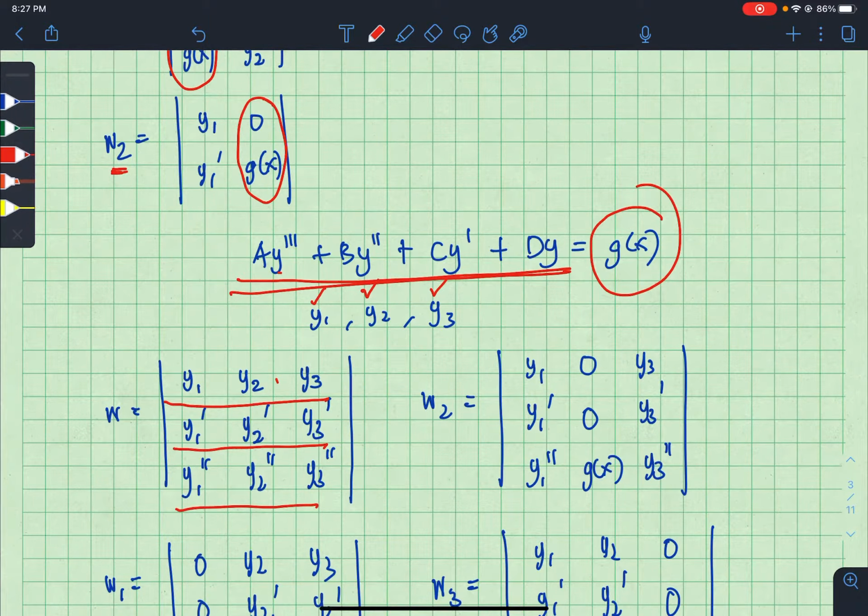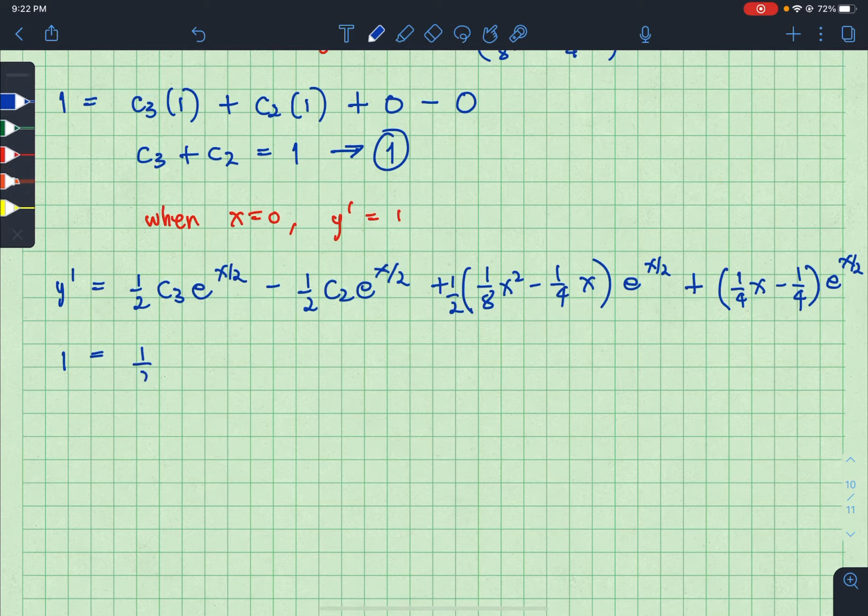Okay. So now that we're done, we're going to substitute. So y prime is 1. E raised to 0 is 1. So therefore, I'll have 1/2 c3 then minus 1/2 c2. E raised to 0 is 1.